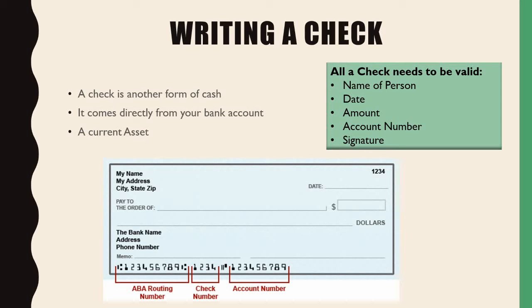Most checks are written out for whatever the payment period is, usually Fridays, so you can't even cash out your check until that Friday. So, understanding what a check does and how it works.